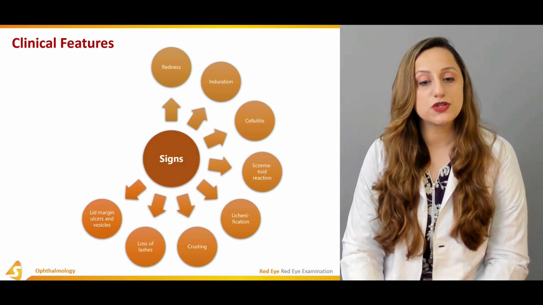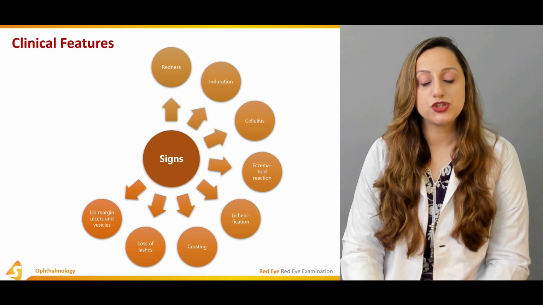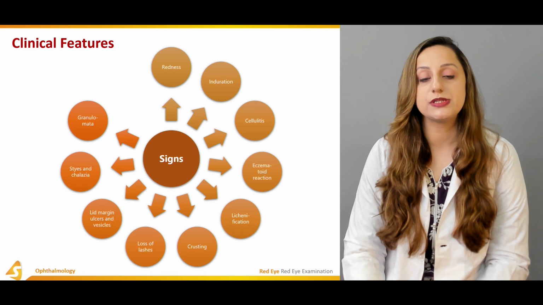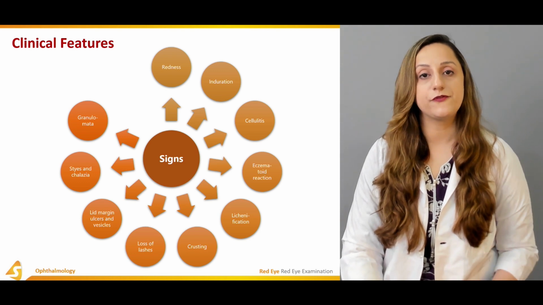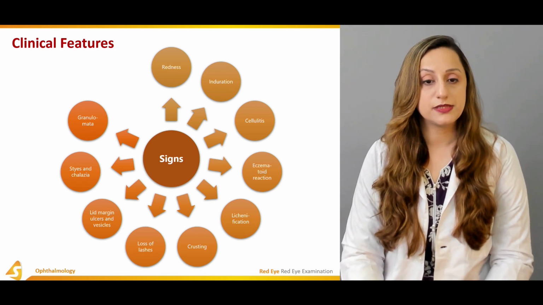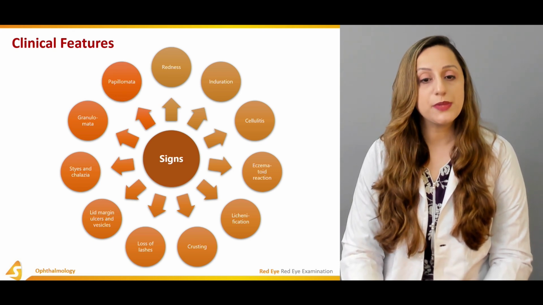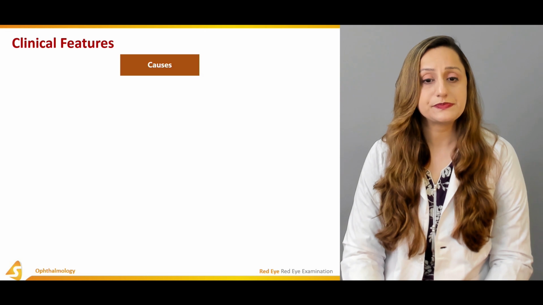And then we have the loss of the lashes, lid margin ulcers and vesicles are noted, styes and chalazions are also noted down. The granulomatous inflammations are part and parcel of this infection. And then finally, we have the papillomata over here.